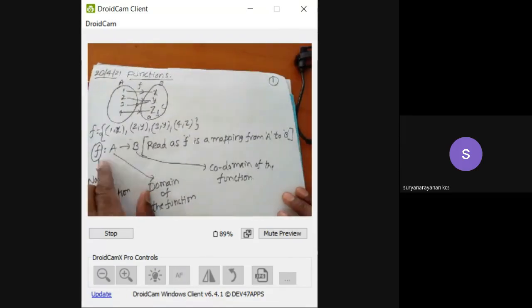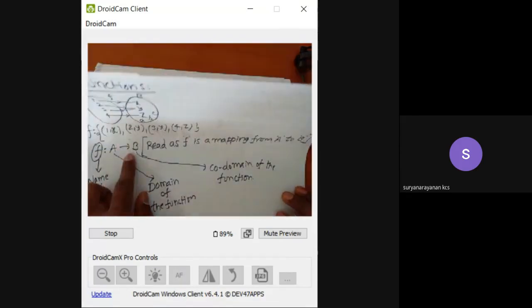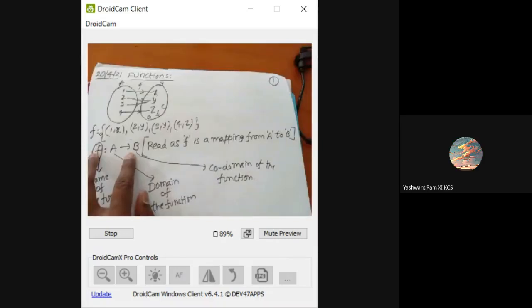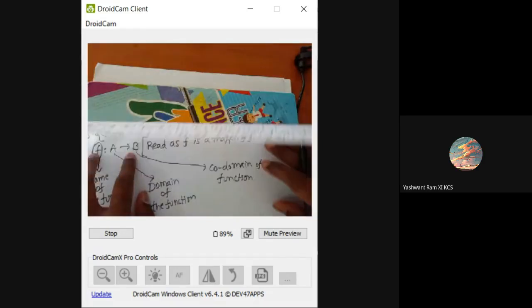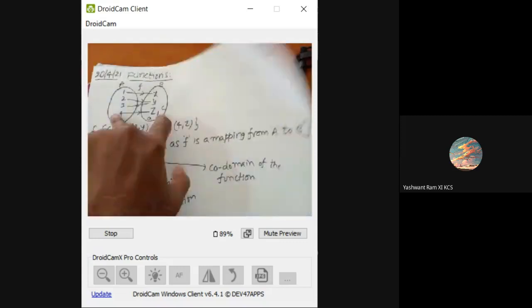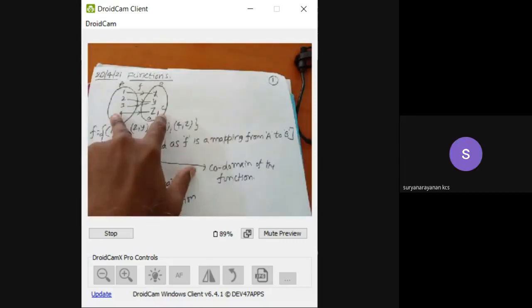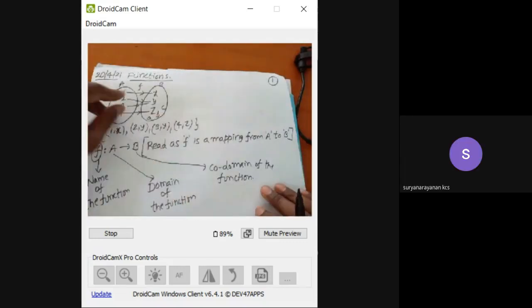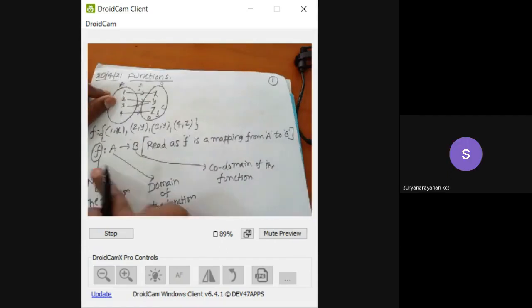How do you read this notation? F is mapping from A to B. Once Ayush is saying, Yes, sir. Once read this notation, all of you one by one, I will ask you how to read this notation. You should learn at least how to read the notation.